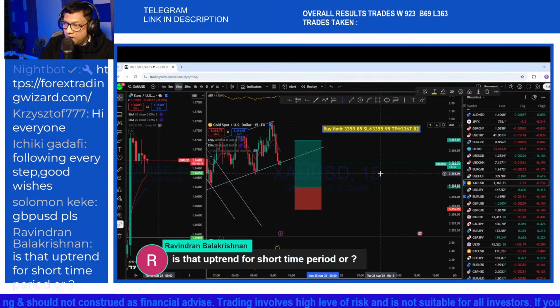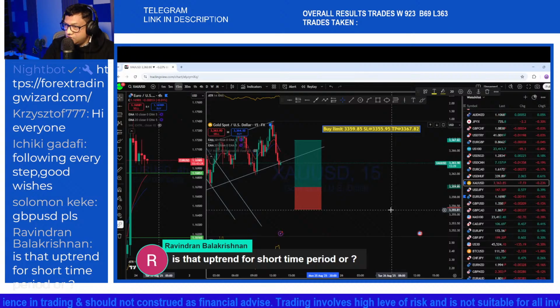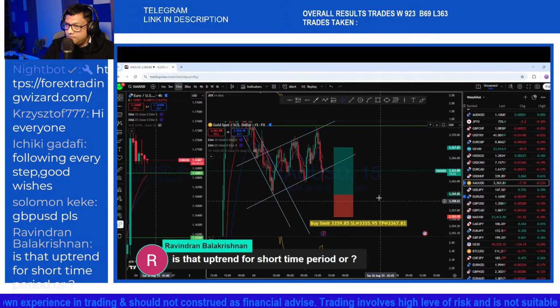So the buy limit at 3359.85, stop loss at 3355.81, and TP target at 3367.82 is the level that you are looking at for a potential buy limit.